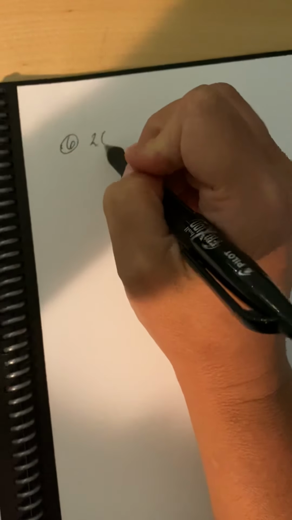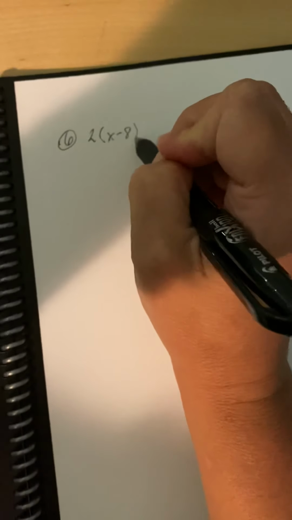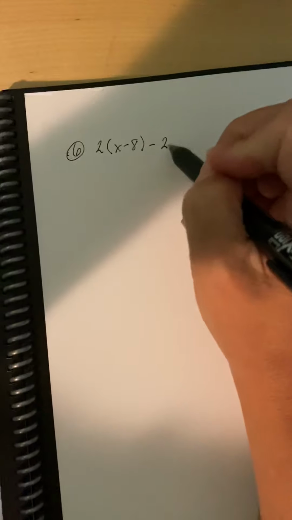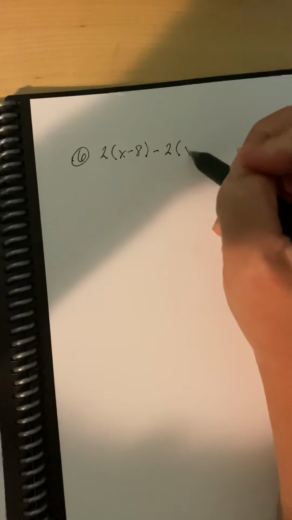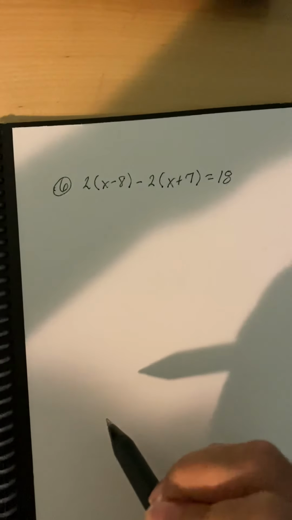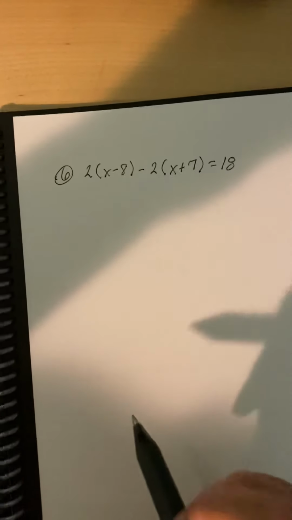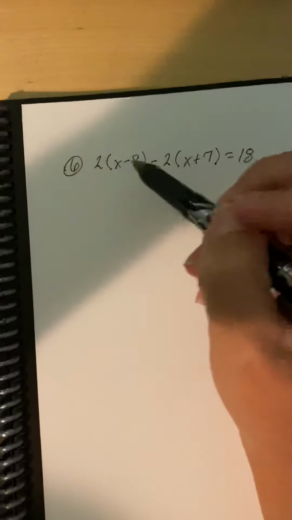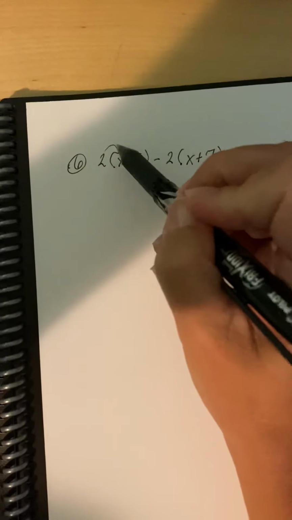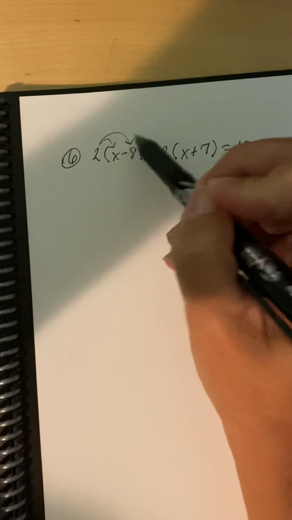So for number 6 here, we're going to do 2 times the quantity of x minus 8, close your parentheses, minus 2 and another set of parentheses with x plus 7 equals 18. All right, so we have 2 sets of parentheses here, so we're going to have to distribute twice. So with the first one here, we're going to distribute the 2 to everything in this first parentheses.